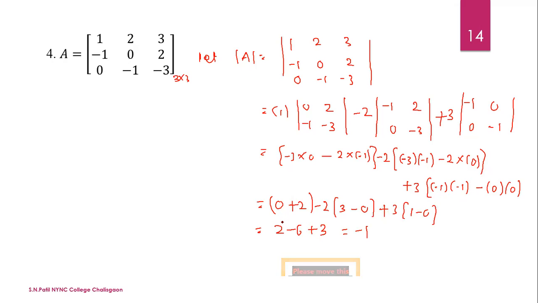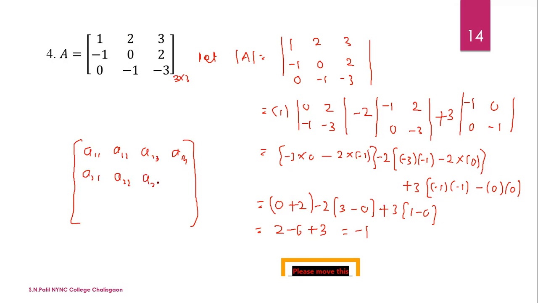Calculate the determinant of a 3 by 3 matrix. Here, suppose there is a 4 by 4 matrix. Suppose this is A11, A12, A13, A14, A21, A22, A23, A24, A31, A32, A33, A34, A41, A42, A43, A44.